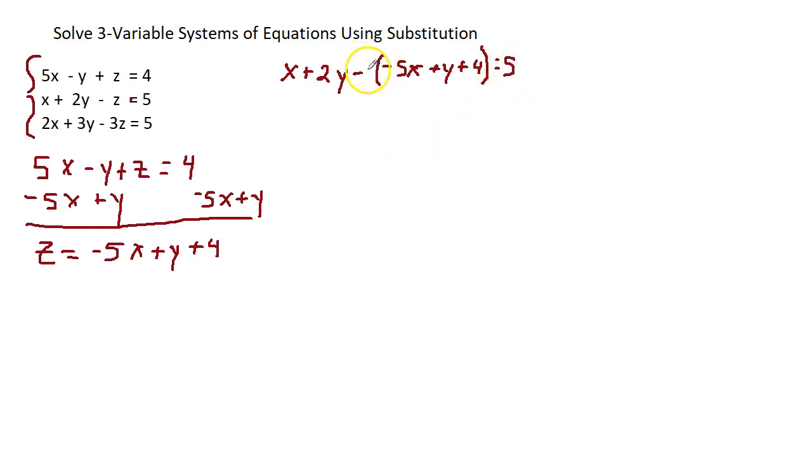All right, I have to distribute this negative 1. It's like having a negative 1 here. I have to distribute it here, here, and here. All 3 locations. All that does is change the sign of each of those.